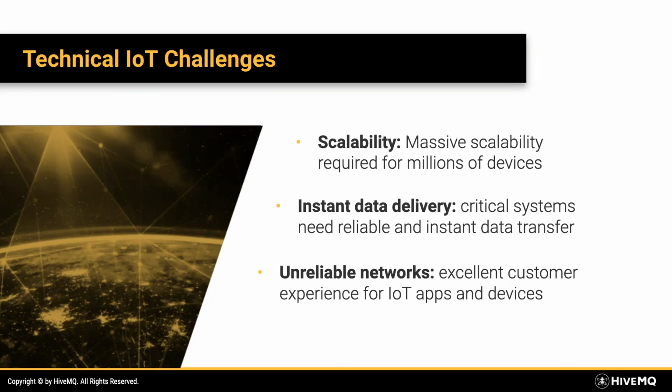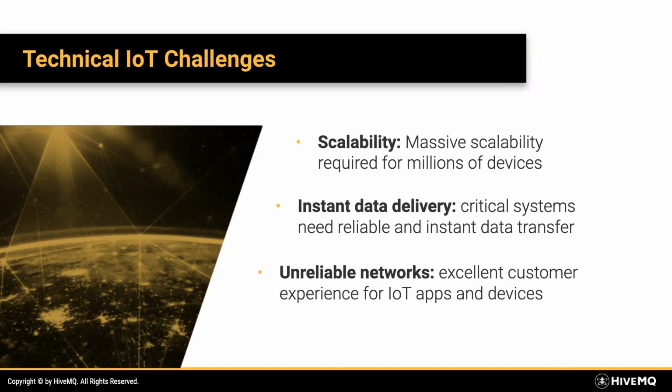Another problem that we face here is unreliable networks. Reliable communication is especially important for business-critical systems. In an ideal world, we would have an internet connection that is totally reliable and totally stable, but unfortunately we do not live in that world.